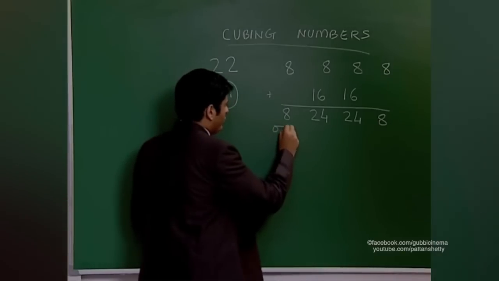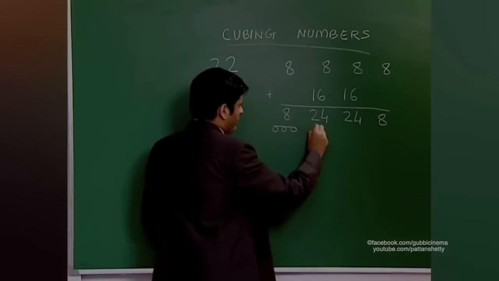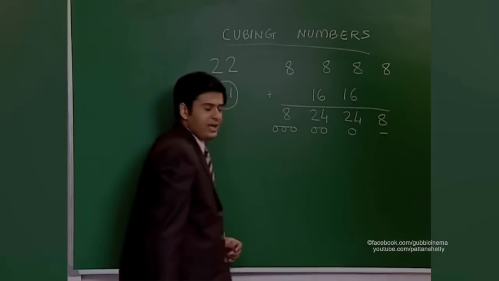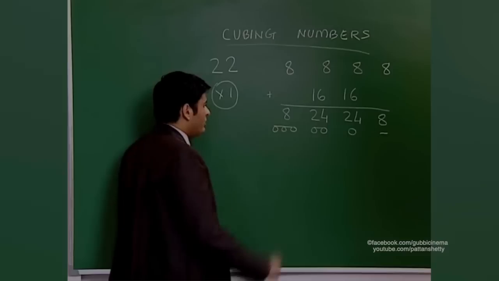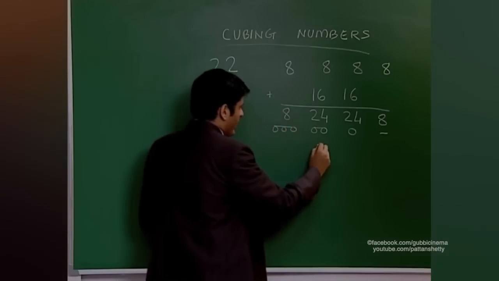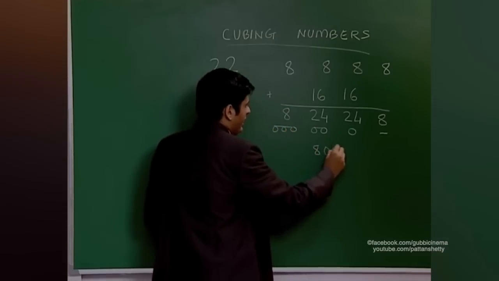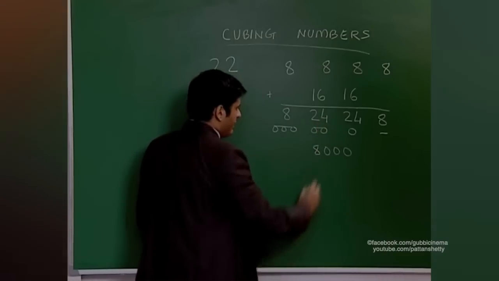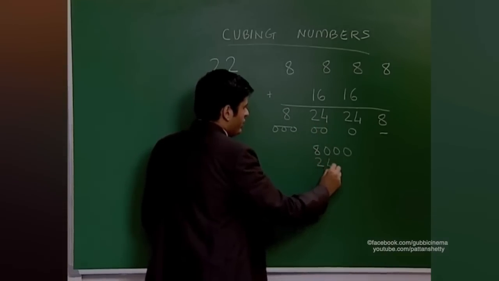So here I put 3 zeros, here I put 2 zeros, here I put 1 zero, here I don't put anything. Let me add and find out. 8, 3 zeros behind it becomes 8000. 24 and 2 zeros behind it becomes 2400.